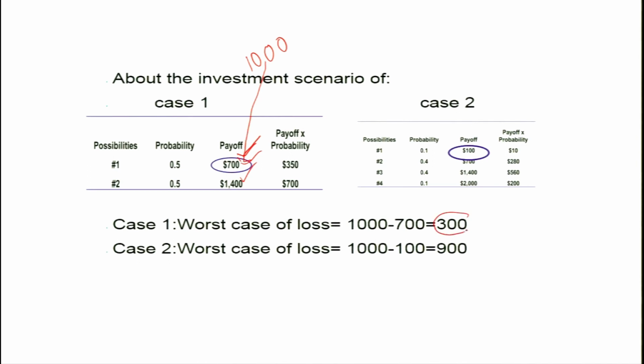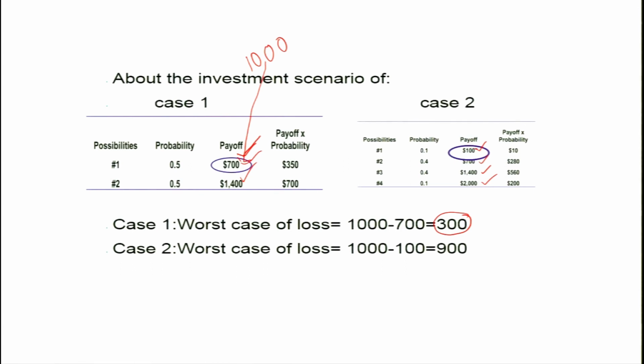So the worst loss in case 1 is 300. In case 2 there are 4 possibilities, with payoffs of 100, 700, 1400, 2000, and so on. Either of these will happen.